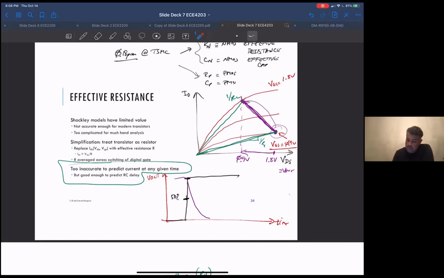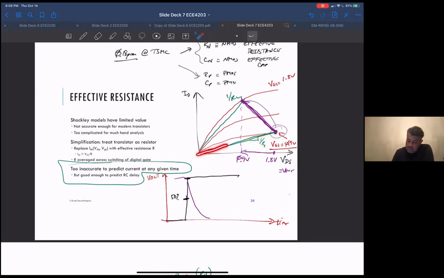And you'd say, well, the other end of this line, if my input was at the 0.9 volts or the 50% point, and my output was at 1.8 volts, what resistor would I need to give me exactly that current? Well, that's 1 over R1, that slope.